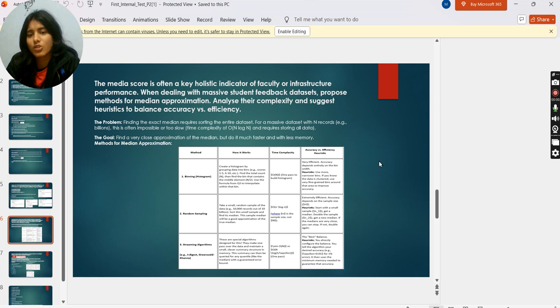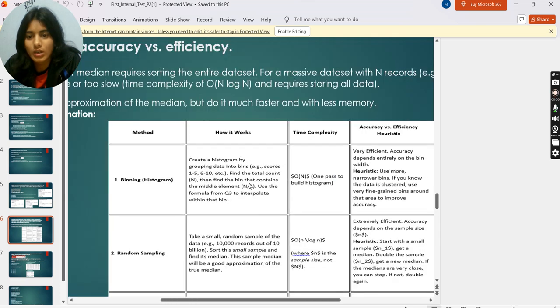Time complexity is O(n log n) and it requires storing all the data. So the goal is to find a very close approximation of the median, but do it much faster with less memory. Methods for median approximation are methods like binning, random sampling, and streaming algorithms, and we have how it works.